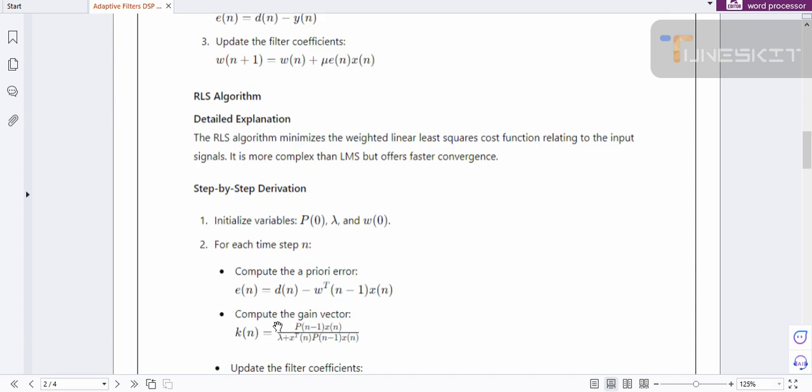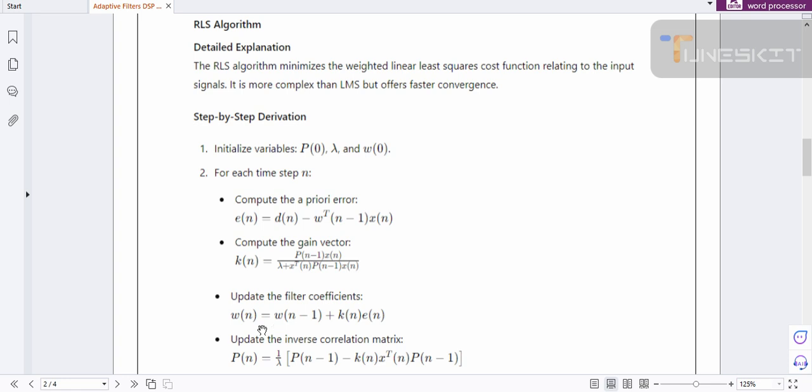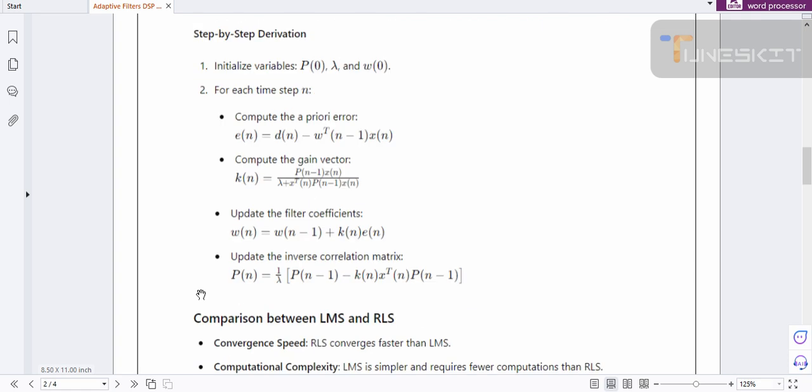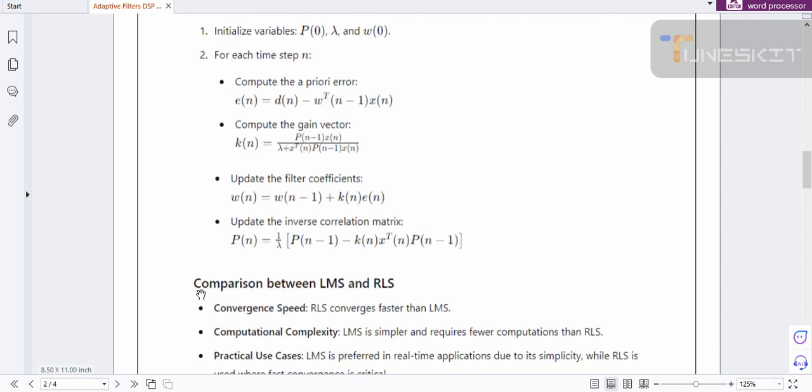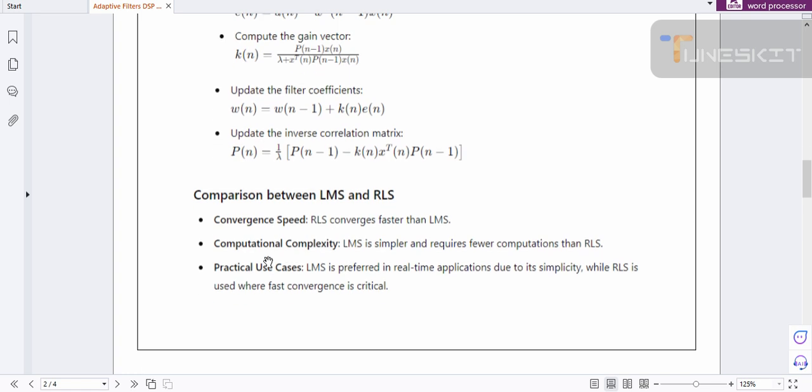Then compute the gain vector k(n). Then update the filter coefficients as we did previously. Then update the inverse correlation matrix. Then we obtain the final result.